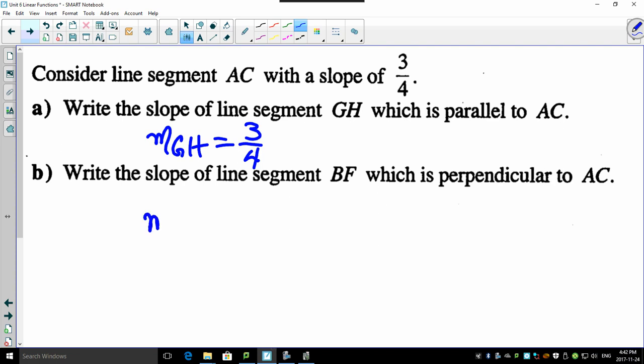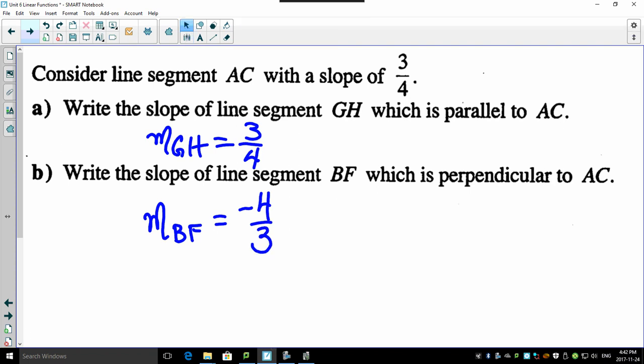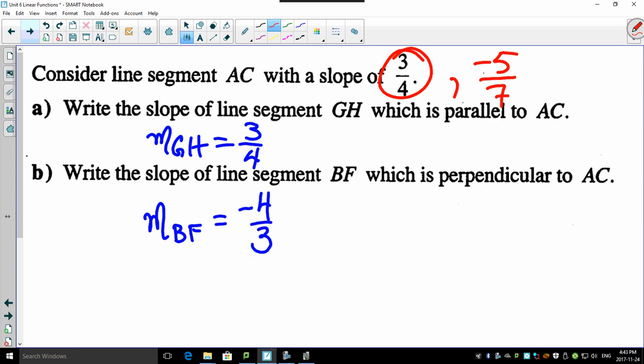The slope of BF has to be perpendicular, which means we have to take the negative reciprocal of this slope. But every question I've done so far has been positive into negative. What would happen if I change this now to be -5 over 7? Could you tell me the same thing, a parallel slope to this?